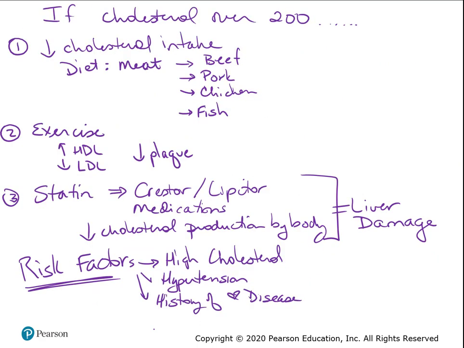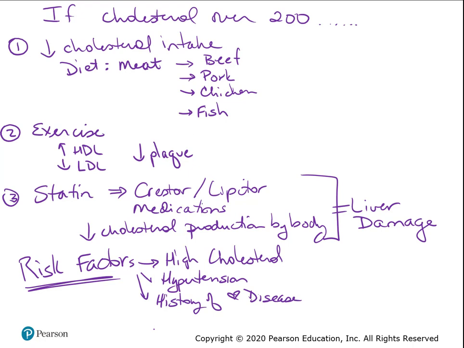So where does it come from? Well, cholesterol comes from your diet. If you eat any kind of animal products, there's cholesterol, because cholesterol is in warm-blooded animals. Anything that comes from a cow, a pig, chicken, including eggs, anything that comes from an animal has cholesterol, because animals make cholesterol.